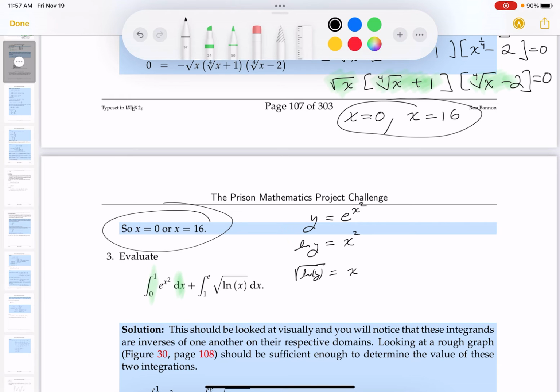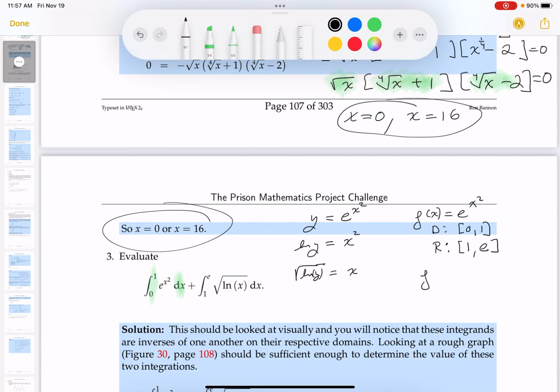Well, once I do that, I start to realize I'm seeing inverses. In other words, if f of x equals e to the x squared and its domain is between 0 and 1, its range would be, let's say, e to the 0 would be 1, to e.